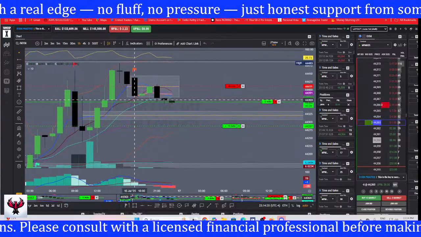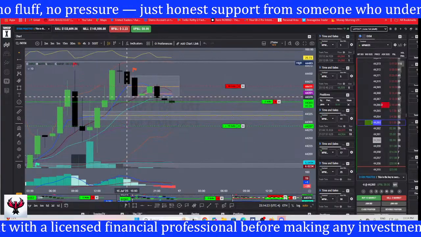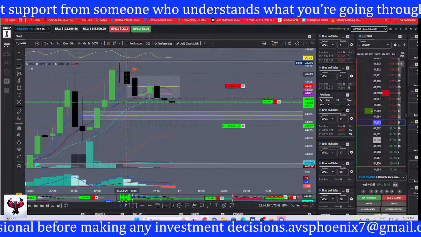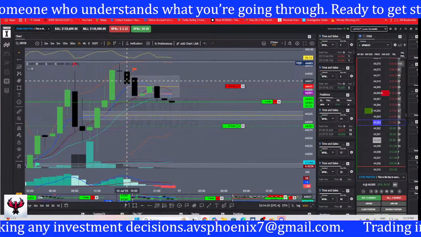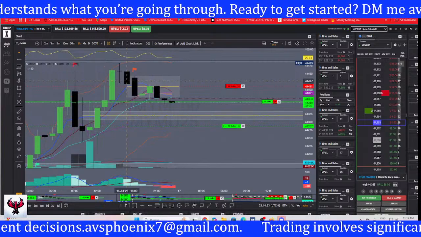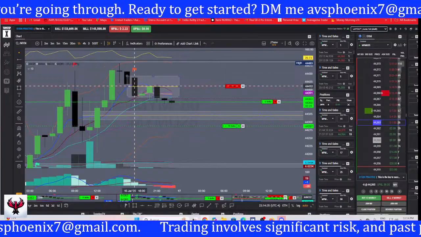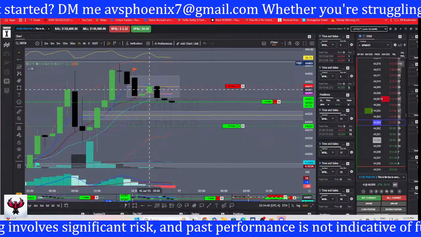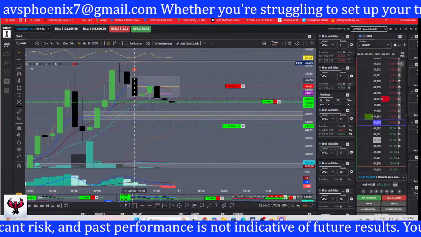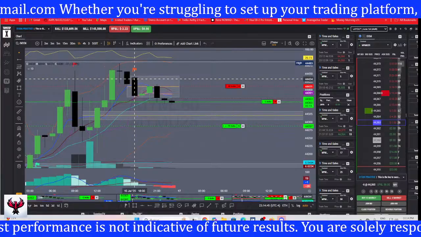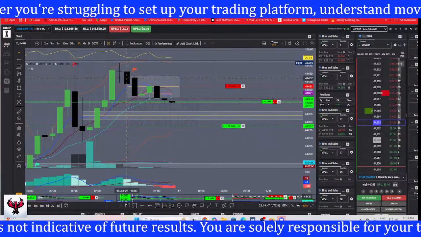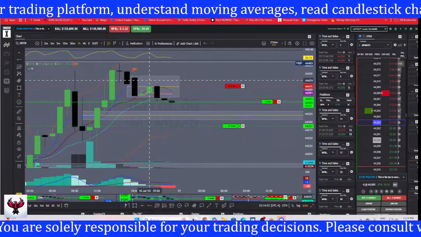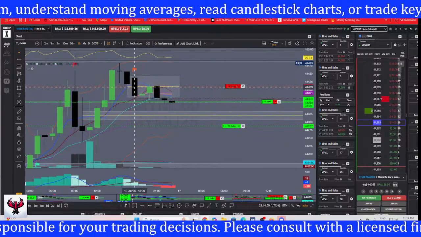Okay, so this is today's opening candle right here. 6 p.m., 7 p.m., 8 p.m., 9 p.m. Notice that it opened here, right?